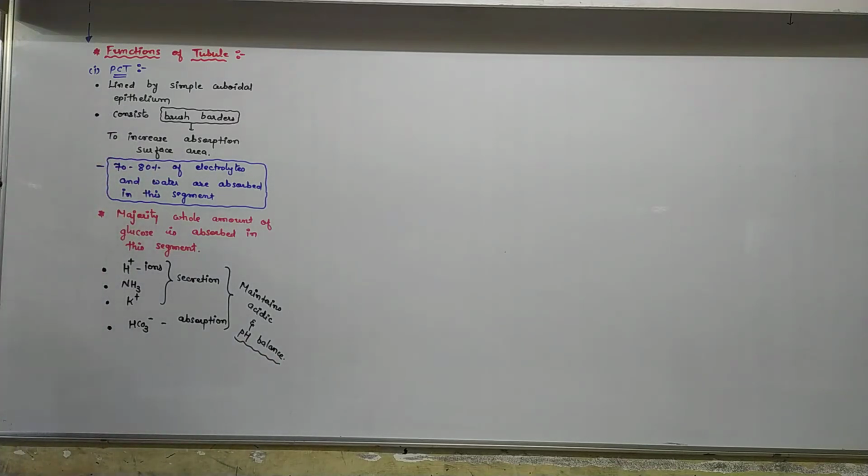So these are the most important MCQs. H plus ion, ammonia and potassium ion are secreted here inside the tubule, whereas bicarbonate ion is absorbed. Fine.